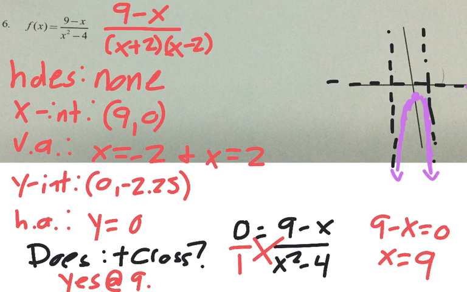Now, to find the other pieces, it's a little trickier. Actually, I think I might could guess it without plugging in values. So let me tell you why I think I can guess it. This is the new thing I learned about togetherness. So because there is no togetherness at these vertical asymptotes, I'm just going to draw this in highlighter.